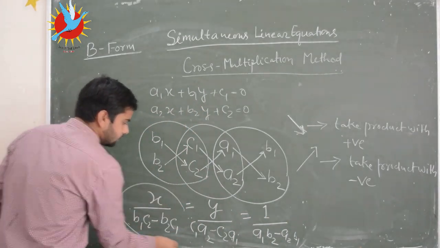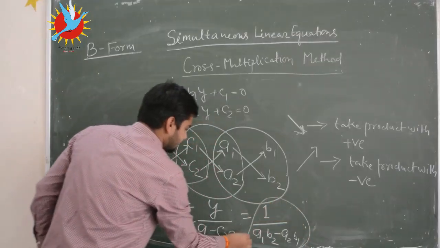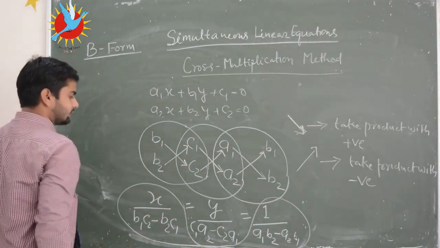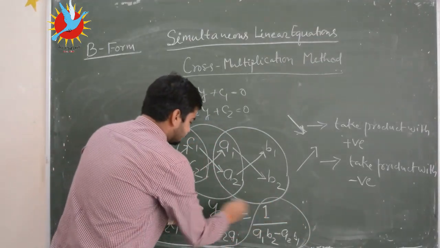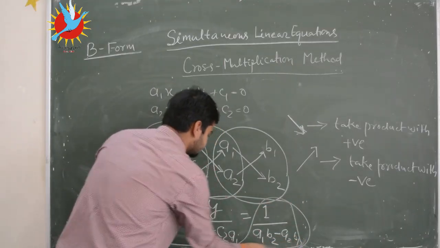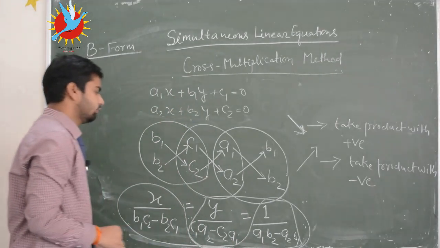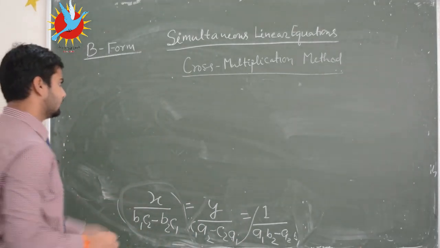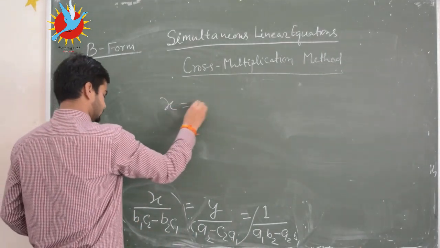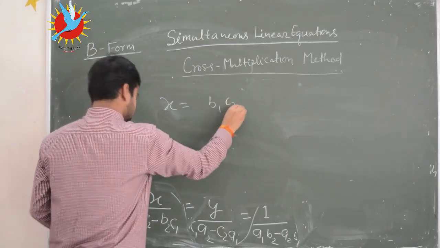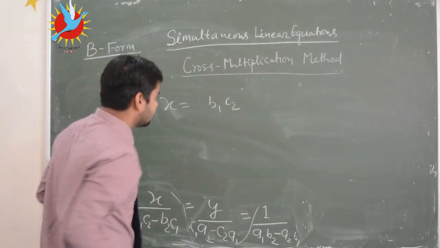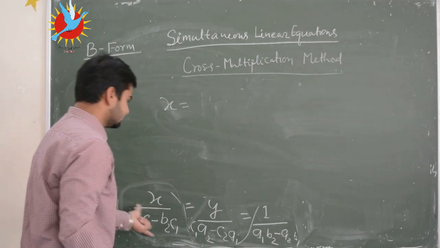So if we equate these two terms, we can calculate the value of x, and if we solve these two terms, we will get the value of y. So from here we can write the value of x, just equate the first term and last term.